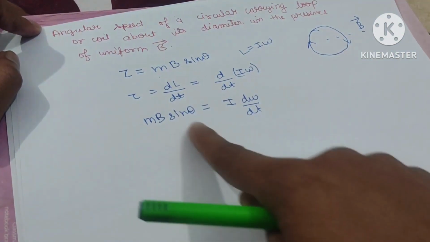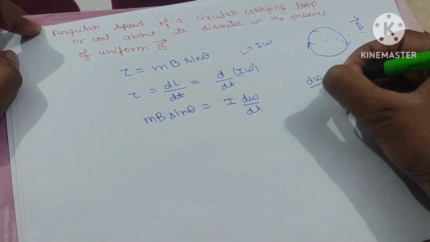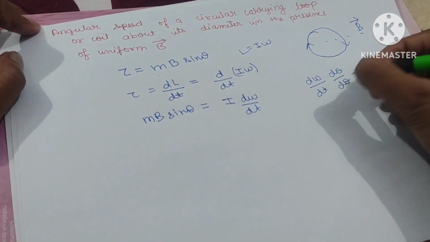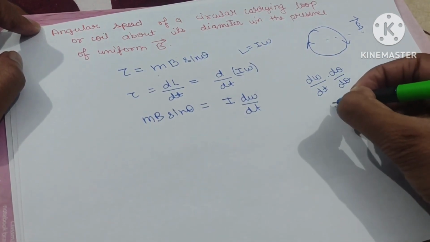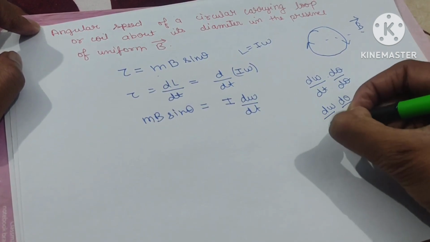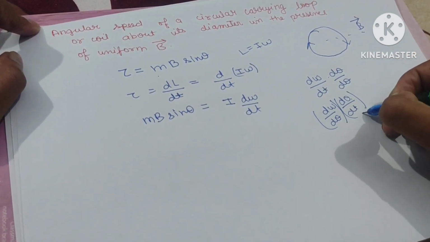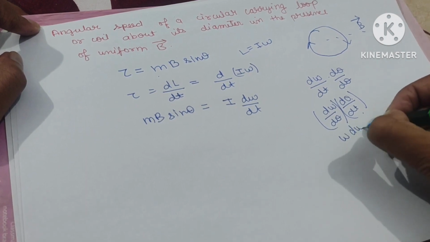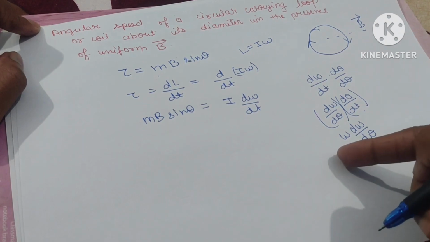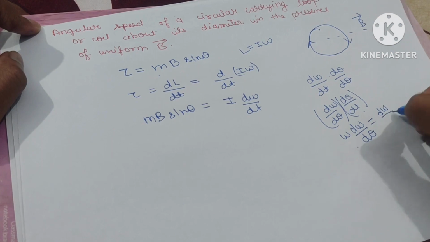Now what you need to do is take d by dt and multiply d theta by d theta in the numerator and denominator. So d theta by dt will become omega, so it will have d omega by d theta.